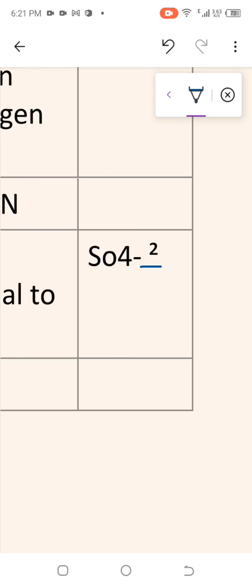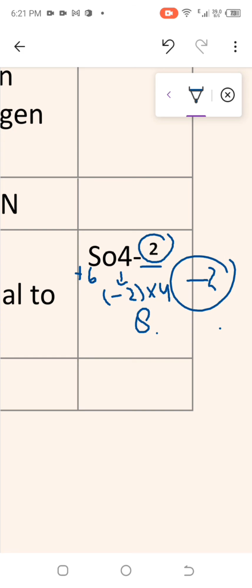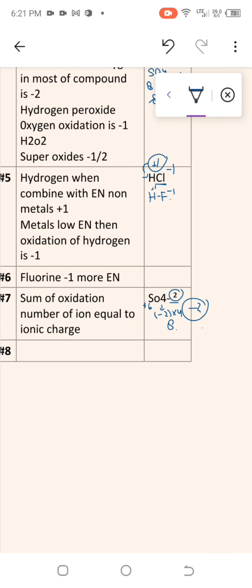Oxygen is -2 into 4, which is -8. Then -8 plus the sulfur must give -2, so sulfur is +6. And 6 - 8 is equal to -2. So this means the sum of oxidation numbers is equal to the charge of the ion.